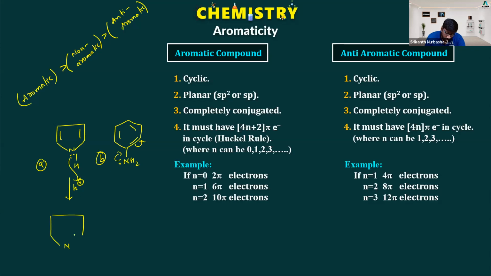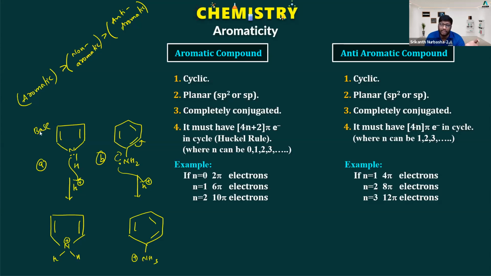Nitrogen will have two NH bonds now, and it will have a positive charge, and will have this structure. If the lone pair of electrons on nitrogen attack the H plus, they'll form this structure, NH3 plus. Now I am saying this is a base.